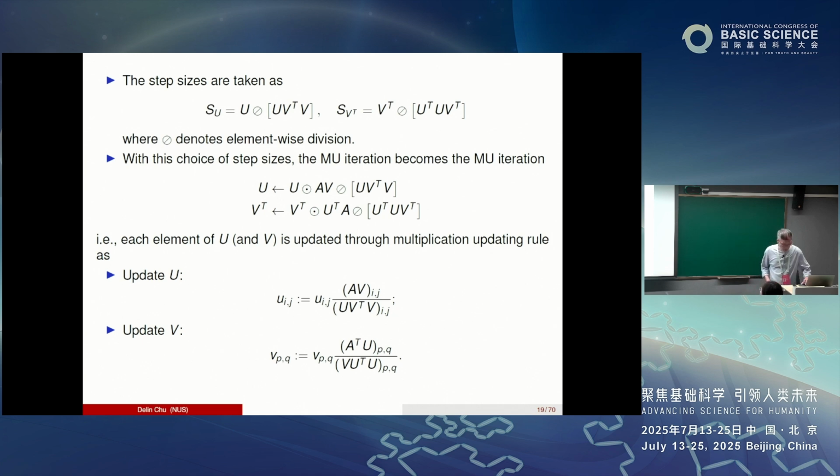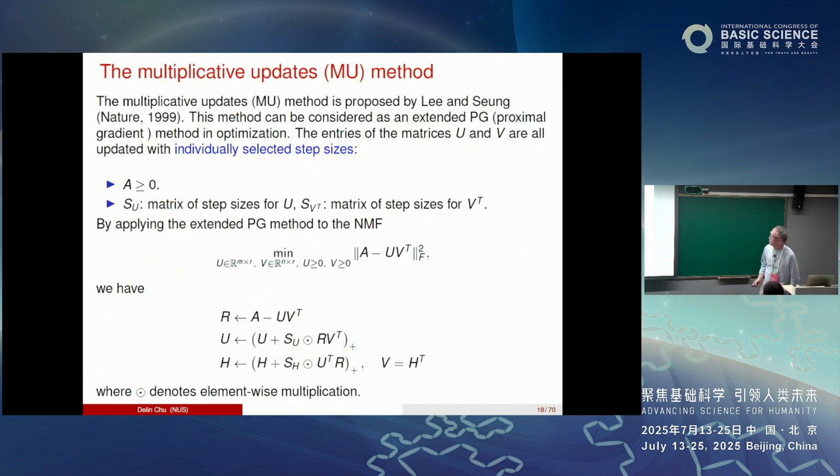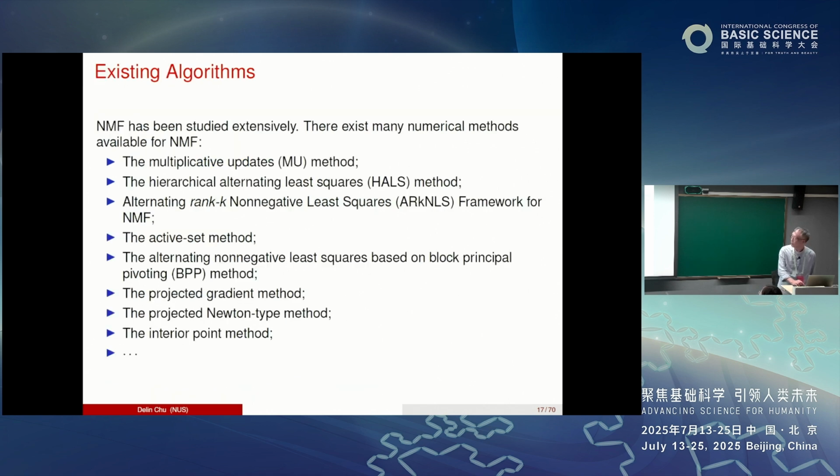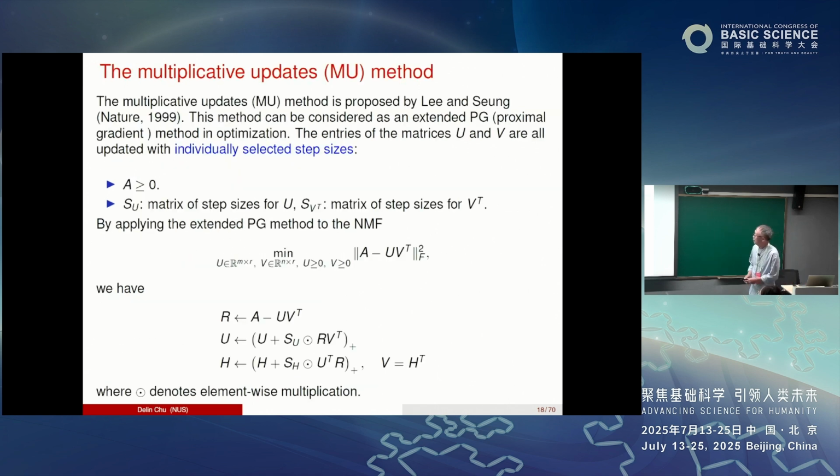Now I want to introduce the very famous method, the MU method. The MU method looks very simple. Somehow we can consider the MU method as a projected gradient method in optimization. The elements of matrices U and V are all updated with individually selected step sizes.